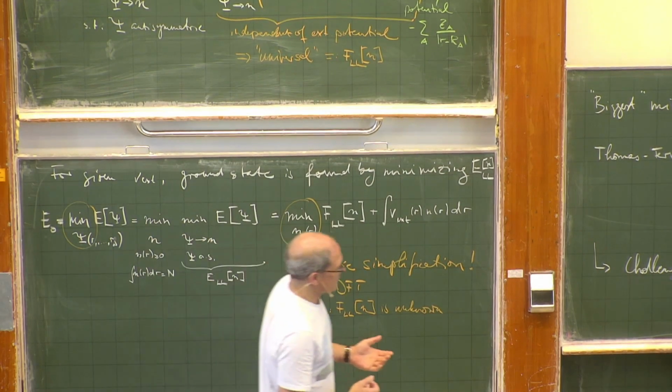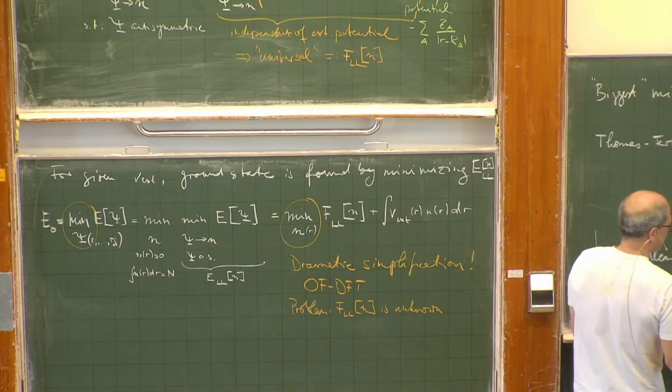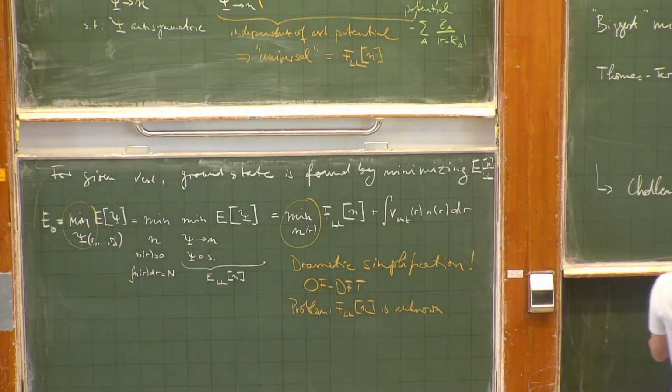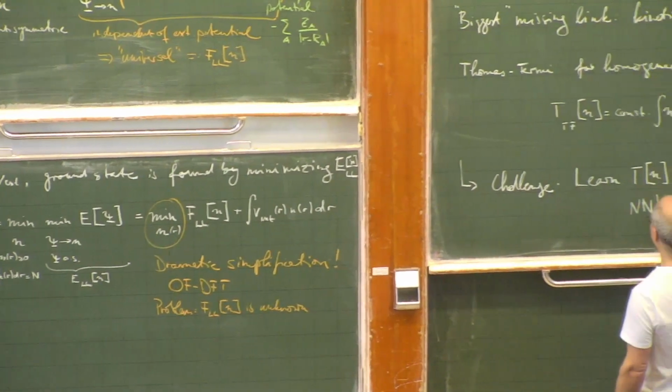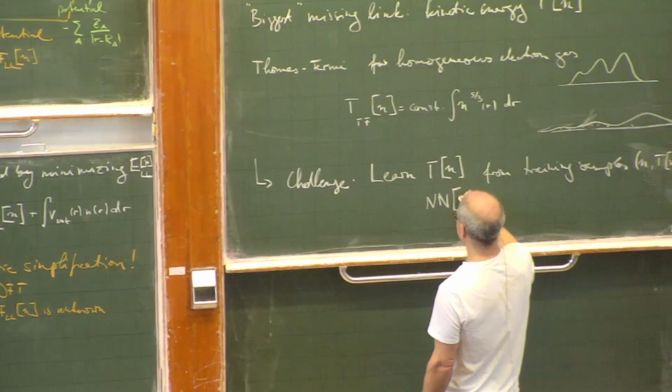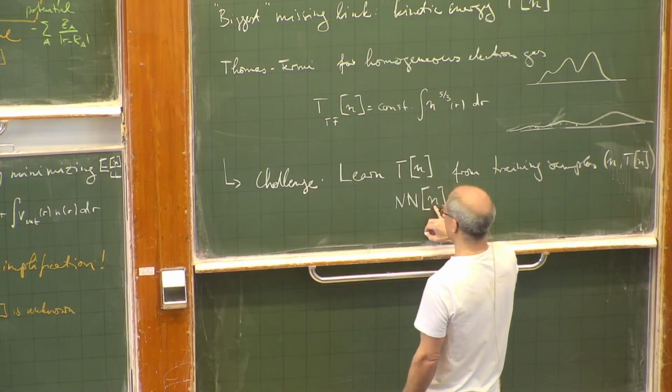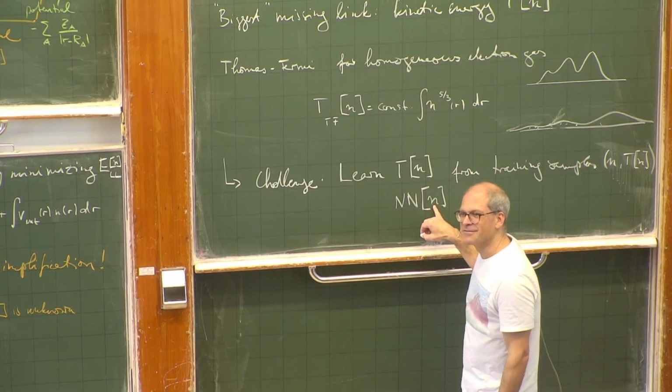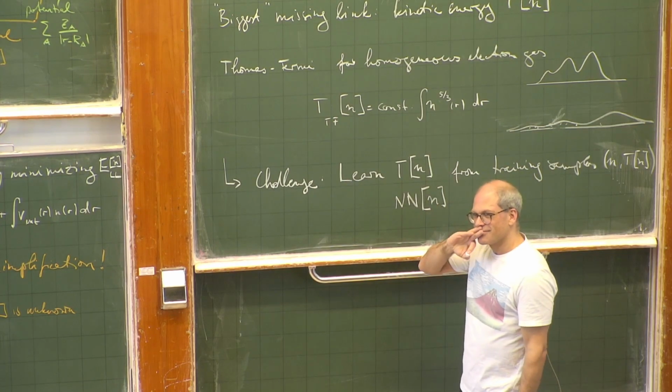So we want this here, neural networks rock. We want this to be some neural network. Yeah? But how do we even represent this density?